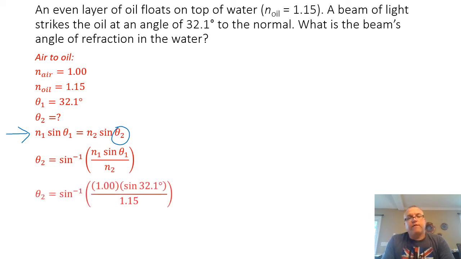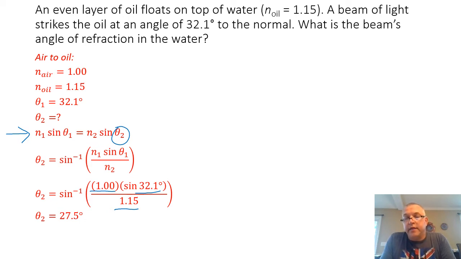We plug our values for the index of refraction for air, my angle of incidence, and the index of refraction for the oil. And we do that calculation out. We are going to have an angle of refraction going from the air into the oil of 27.5 degrees.